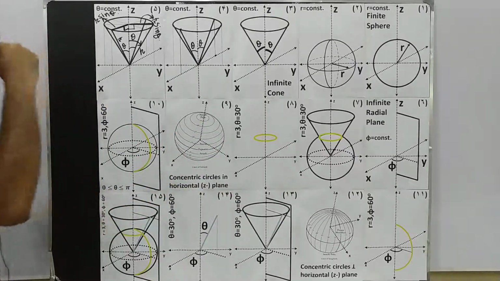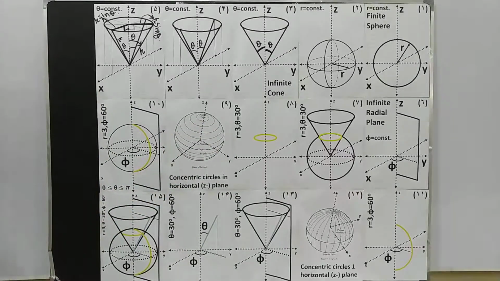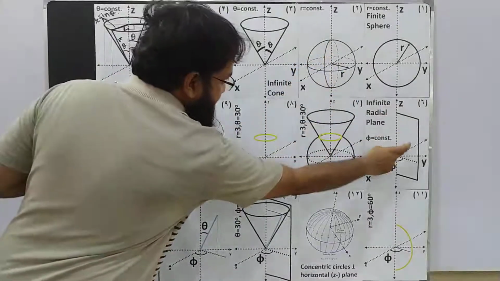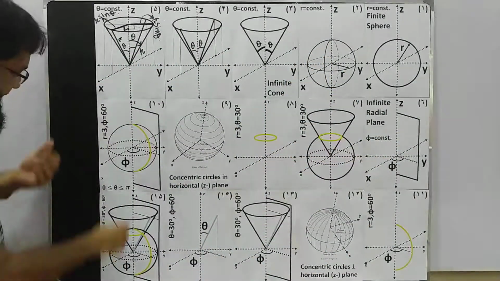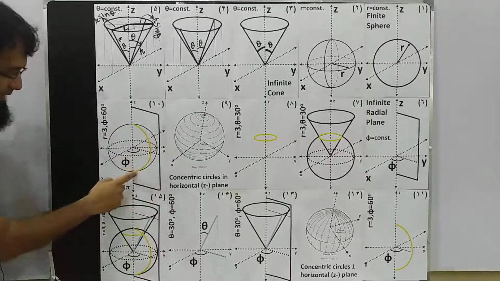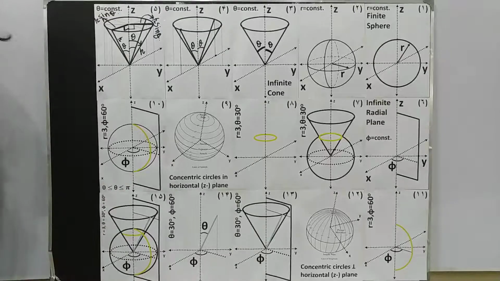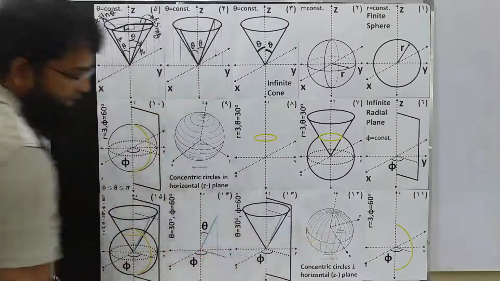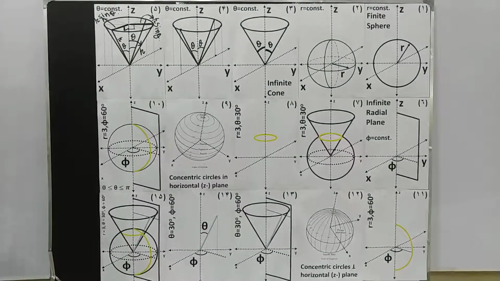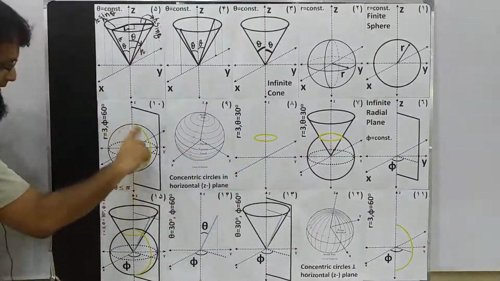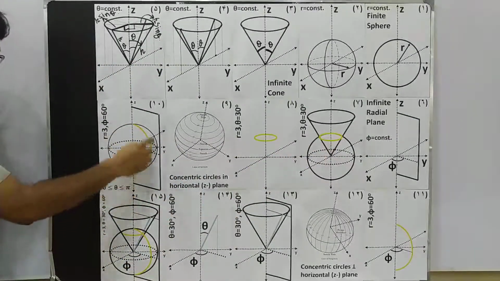Now let's take figure number 10, the intersection of r equals constant and phi equals constant radial plane. This resembles the longitude which we have on the globe. Earlier we had the circles, now we have semicircles.